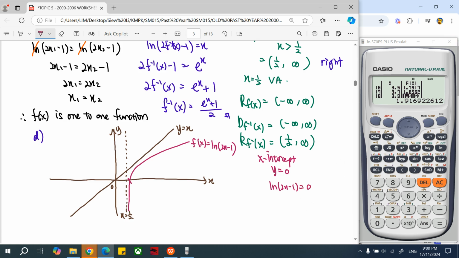We key in this. Clear the calculator mode first. We take ln and then 2 alpha x minus 1, and then we need an equal sign, not this one.